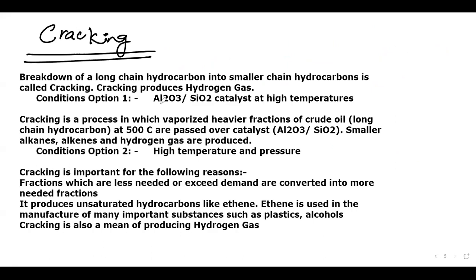Condition for option number 1 is to use Al2 as catalyst at high temperatures. Another definition for cracking is that it is a process in which vaporized heavy fractions of crude oil at 500 are passed over catalyst Al2, so the smaller alkanes, alkenes, and hydrogen gas are produced. Condition for option 2 is high temperatures and pressure.